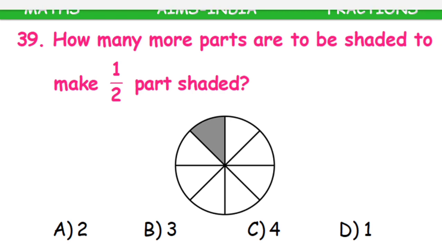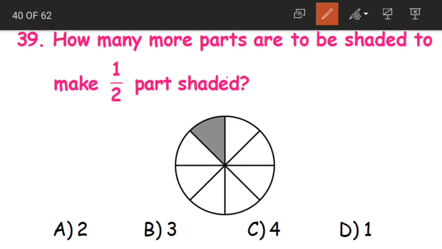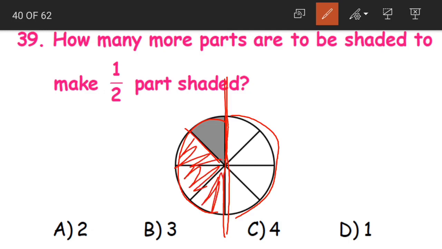Next, question 39. How many more parts are to be shaded to make 1 by 2 part shaded? Now see, children, half means what? This part of the circle is half and this is other 1 by 2. So in this, one part is already shaded. How many more should we shade? 1, 2, 3.